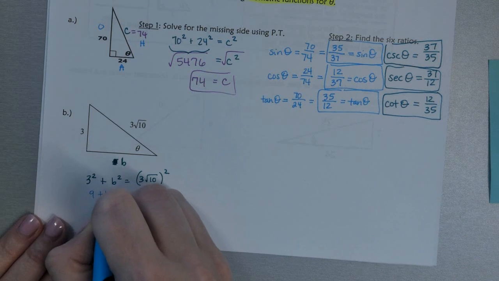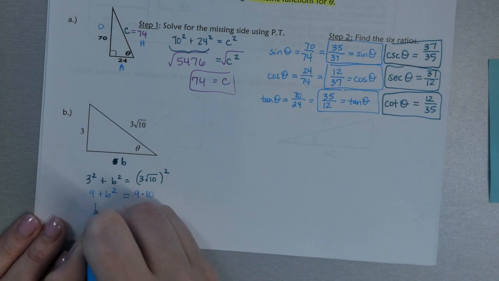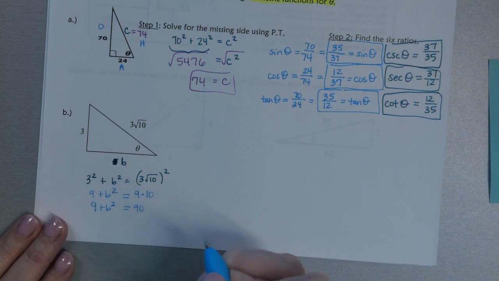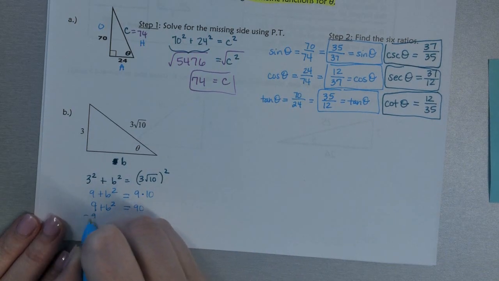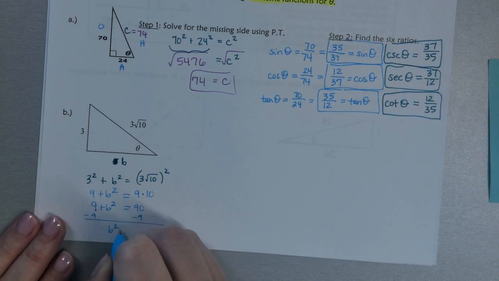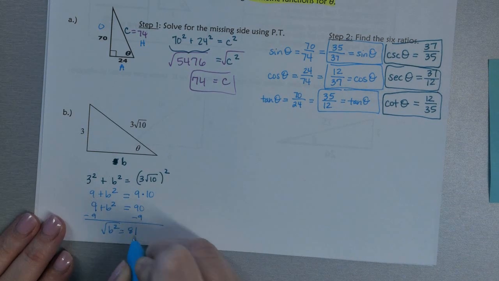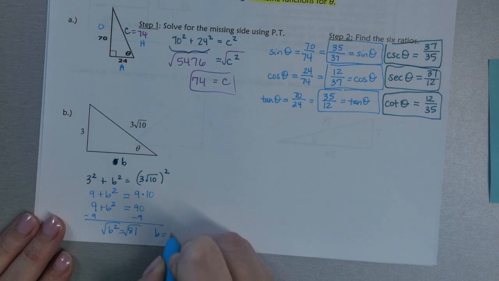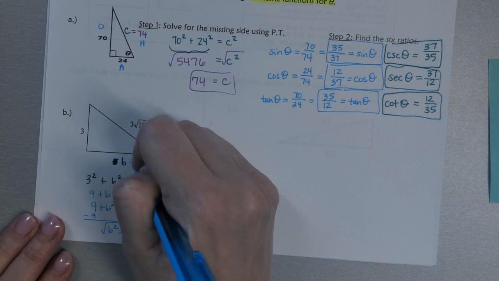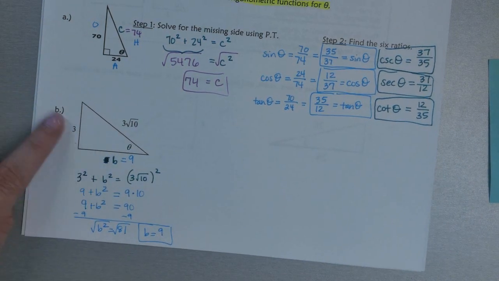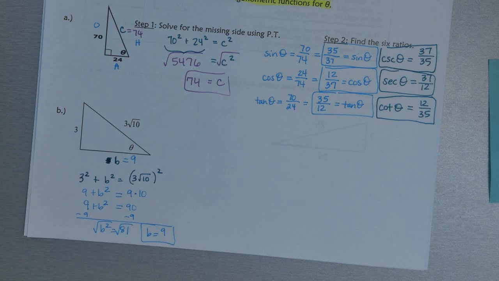So you have 9 plus b squared equals 90, which means that b squared is equal to what? Yes. So take the square root, and again, we have a perfect square, which is nice, but remember, maybe you'd have to solve for the hypotenuse in this one.